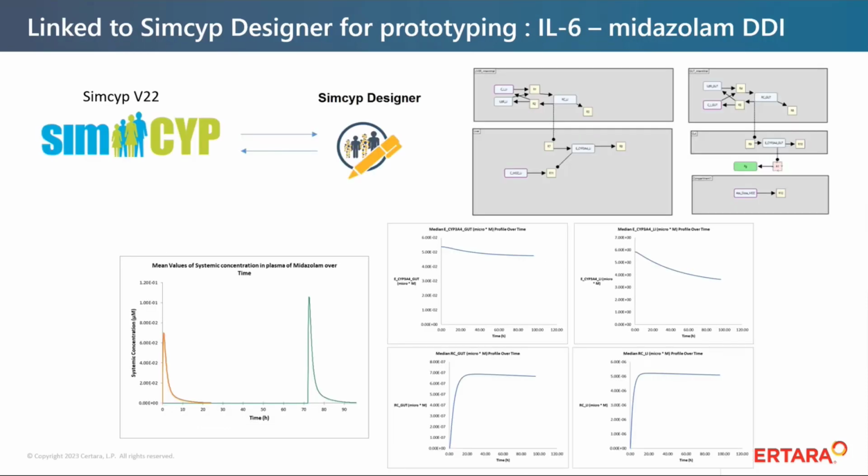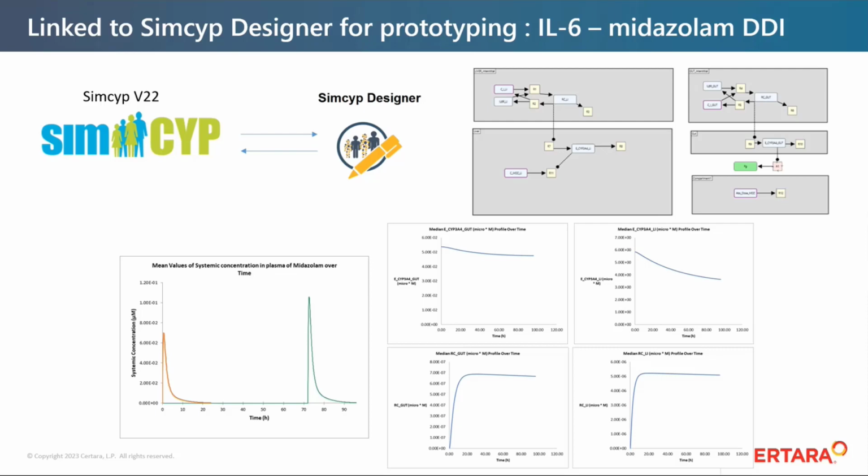Moving on, we linked the Simcyp simulator to Simcyp Designer for prototyping. What I'm showing you here is the simulation of IL-6 interaction with midazolam as an example. The change of the midazolam exposure before and following the elevated IL-6 level can be recovered by this model, as you can see from this left bottom figure.